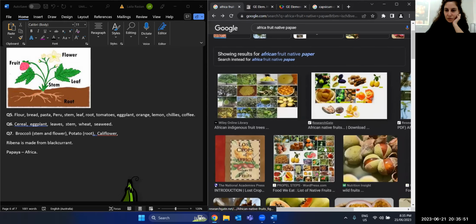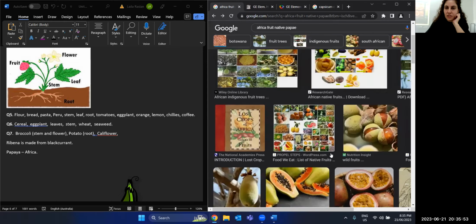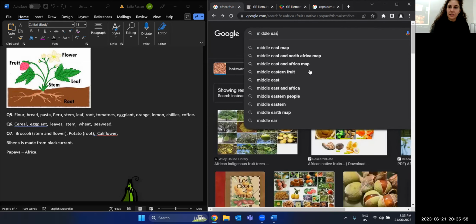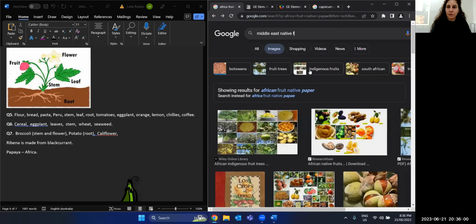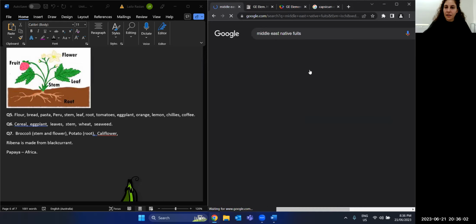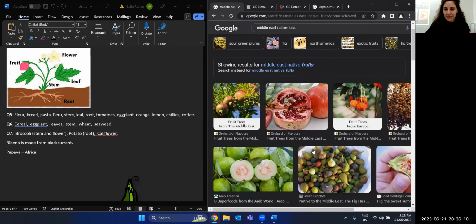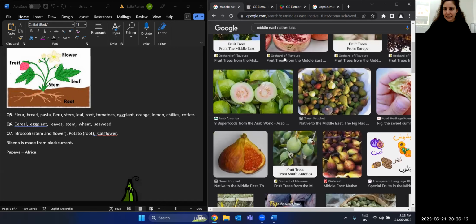What other fruits? Let's go to the Middle East. I think Saudi Arabia has native fruits. Yeah, this one is nice. Pomegranate. I don't know which country, but Middle East. It's a very common fruit, native to the Middle East. Figs. Yeah. So we've got figs.